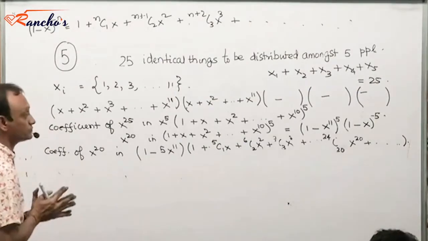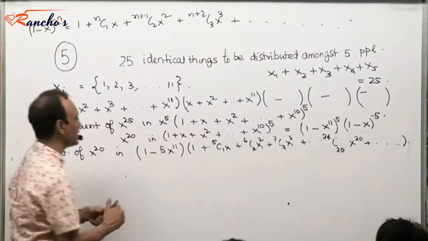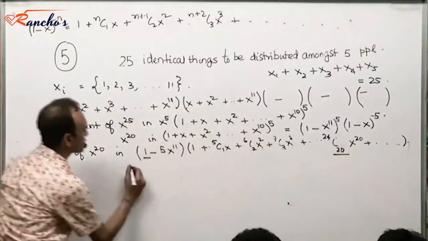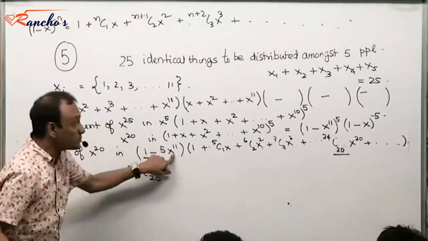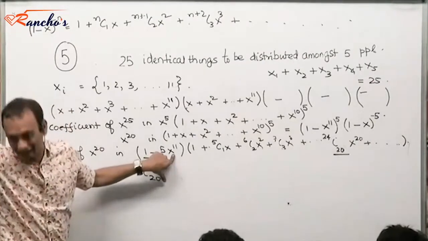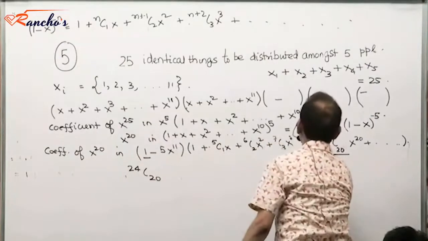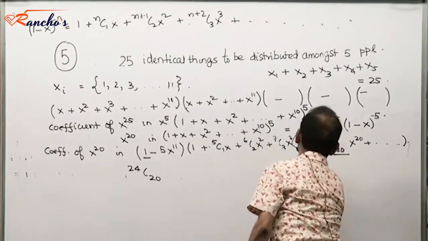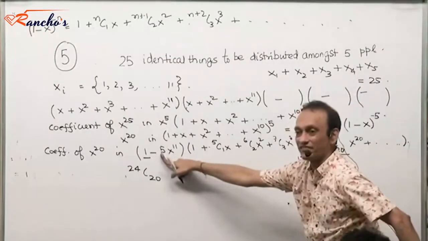Now, so essentially then, coefficient of x power 20 can be obtained when I multiply this with this, which will give me 24C20. Then x power 11 would have to be multiplied with x power 9 to get x power 20. Now, where would an x power 9 feature here? X power 9 will be 13C9 into minus 5.